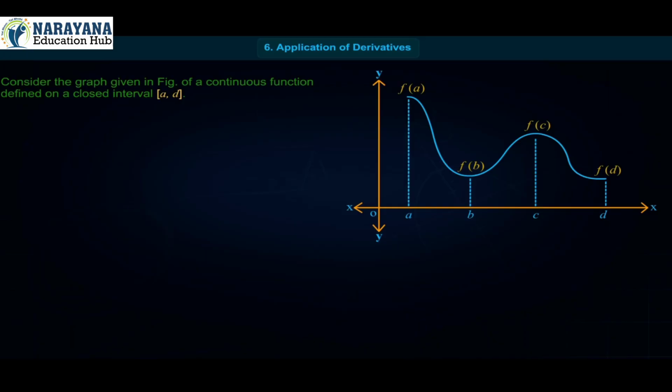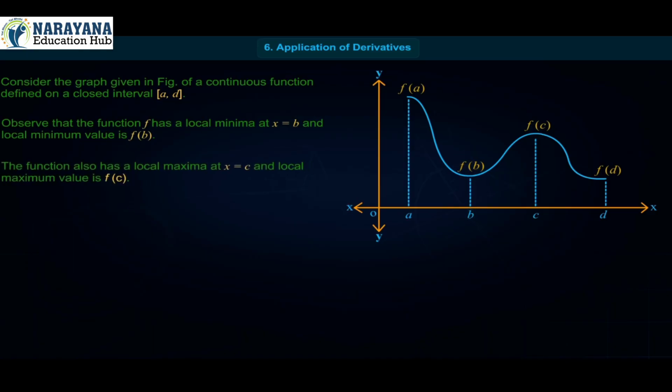Consider the graph given in the figure of a continuous function defined on a closed interval a, d. Observe that the function f has a local minima at x is equal to b and local minimum value is f of b. The function also has a local maxima at x is equal to c and local maximum value is f of c.